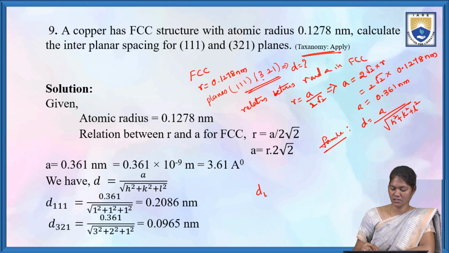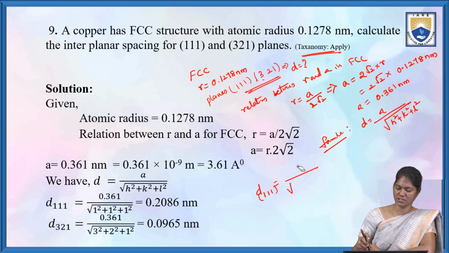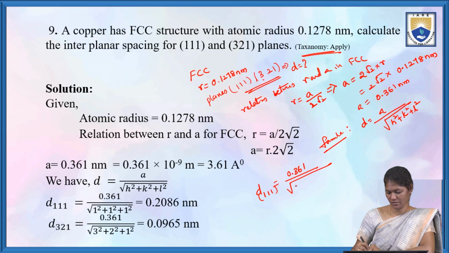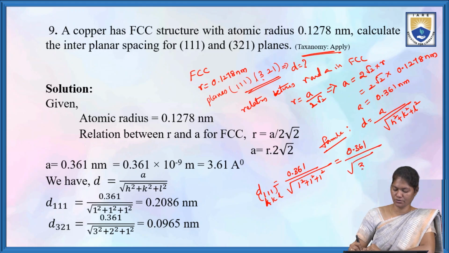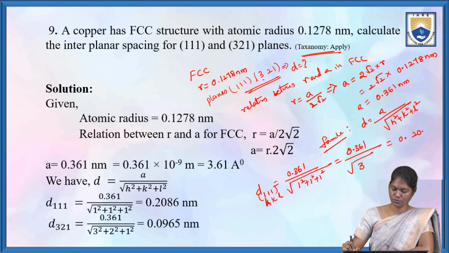For the plane 111, a is 0.361 nanometers, so 0.361 divided by root 3, which is equal to 0.2086 nanometers.